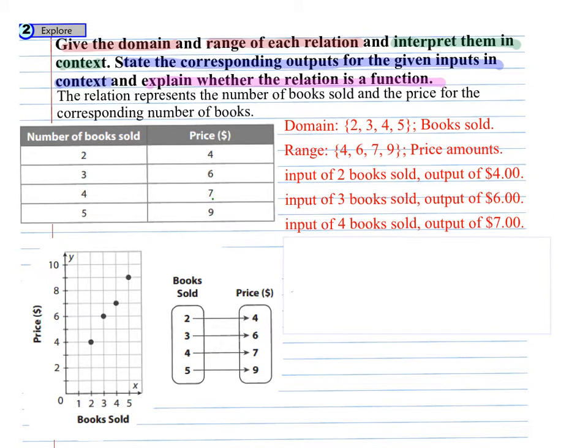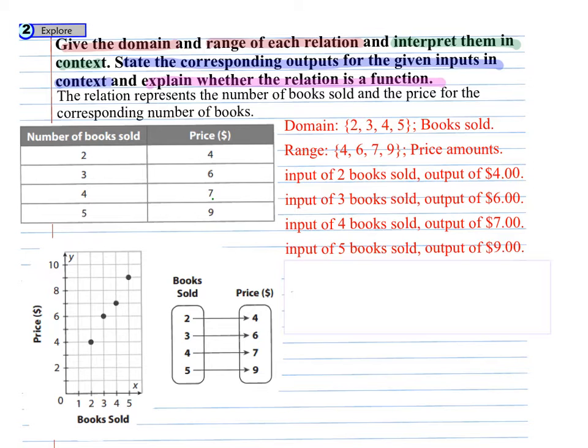Next one is the input is 5 books, and the output is $9. So this is just basically saying what you put in, what you get out, in the context. My input was 2 books, and what I got out was $4 for those 2 books.